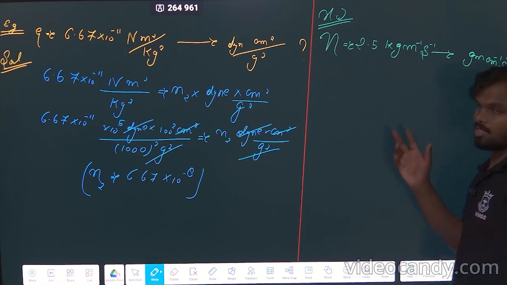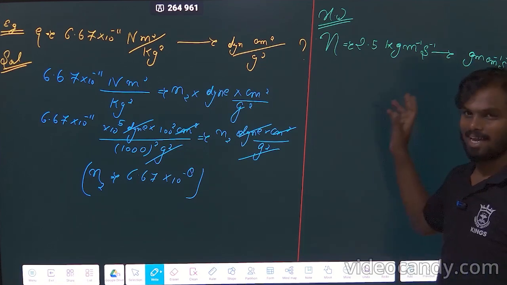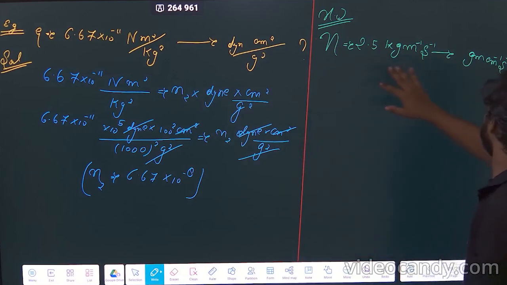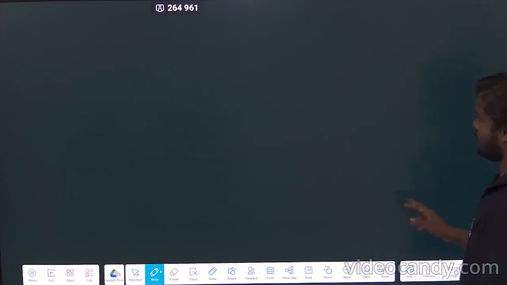Okay, I don't know whether this type of question exists or not. I framed it. You have to solve it for your practice. I am giving you to convert this into gram centimeter minus 1 into second minus 1. Clear? Okay, so let's move forward.